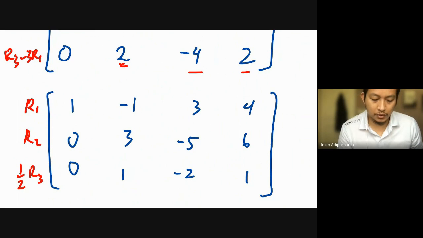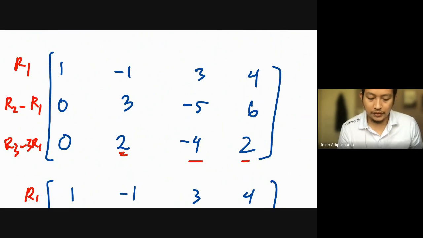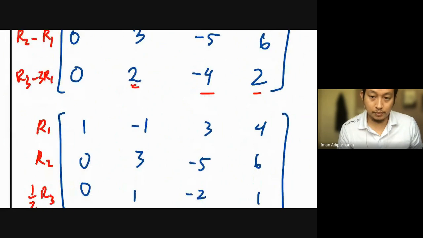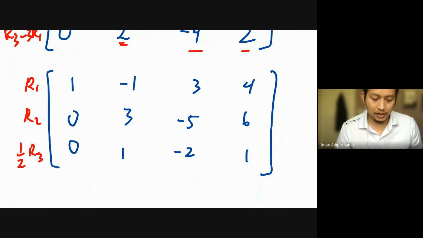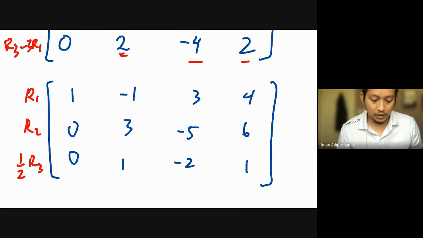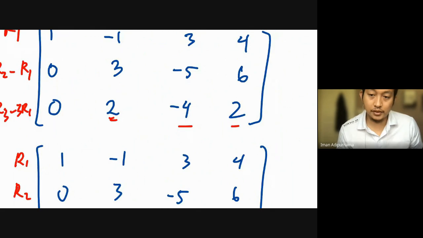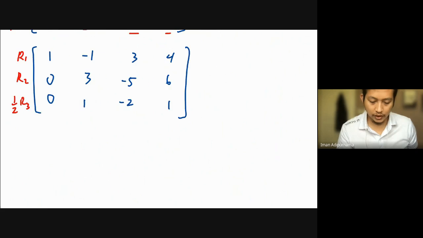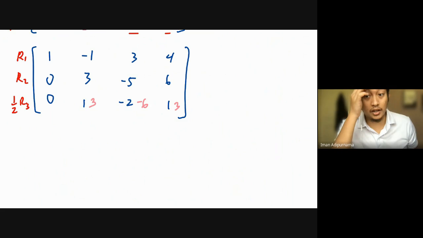R1 means the same as the previous one, R2 means the same as this one, and R3 here becomes half of the previous process, so it will be 1, negative 2, and 1. So we can compute this, and maybe multiply this part with 3, and compute R2 and R3.